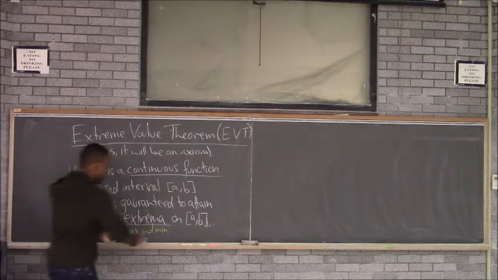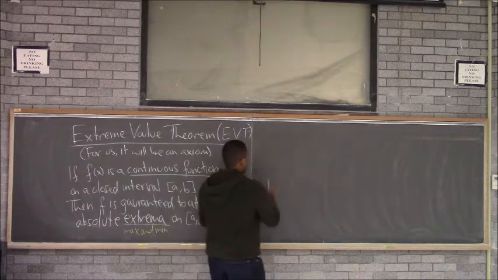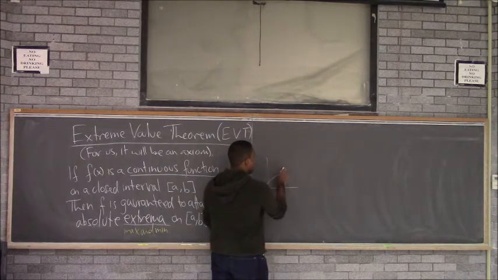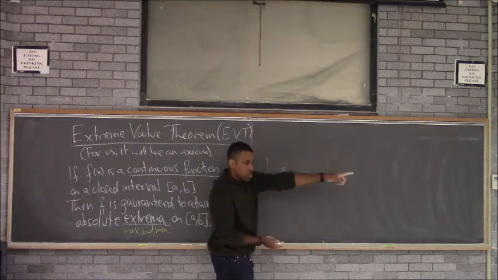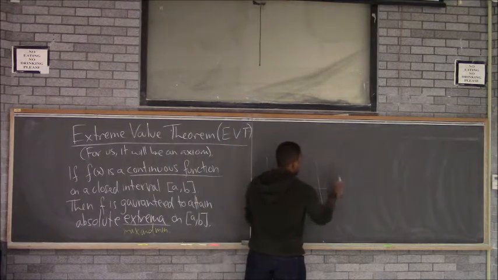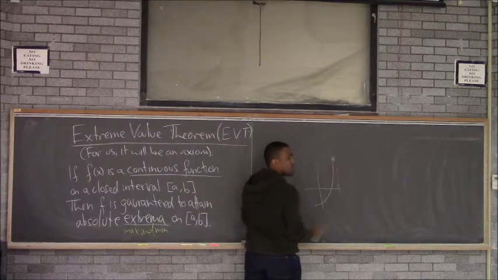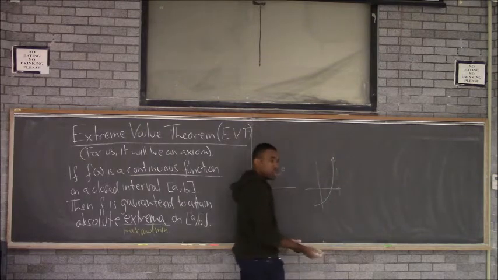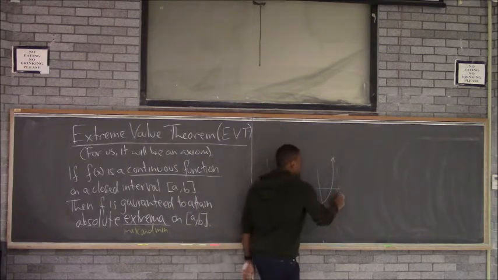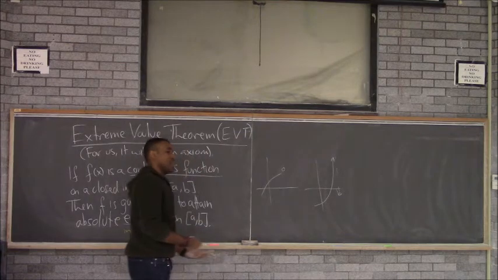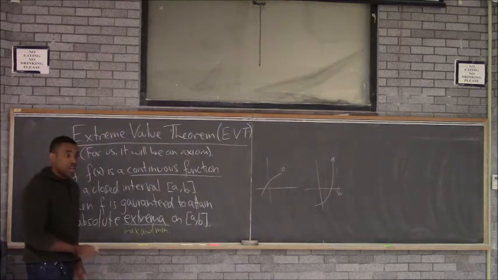Right? Because the moment you don't have that, it either means you have a hole, like what happened over here, or it means you increase forever, which means along this line you have no definition. So you cannot not have an absolute max or min if you have continuity.